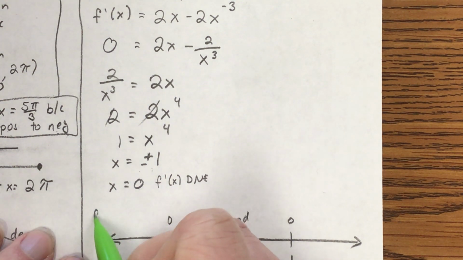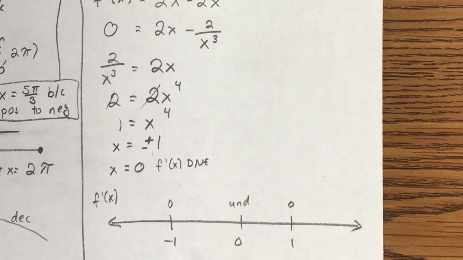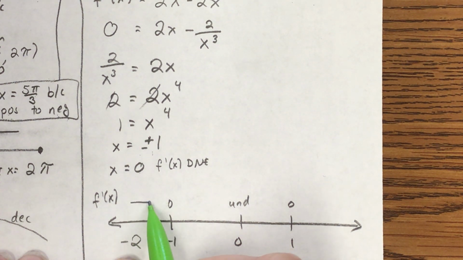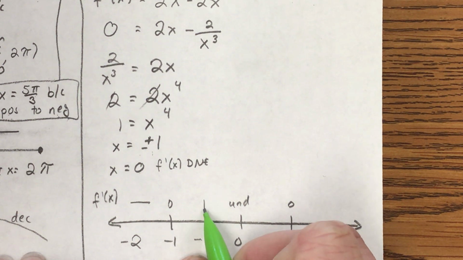We are going to plug into f prime of x. Pick a number that is less than -1, like -2. F prime of x is negative there. Pick a number between -1 and 0, such as -1/2, and the derivative is positive there.